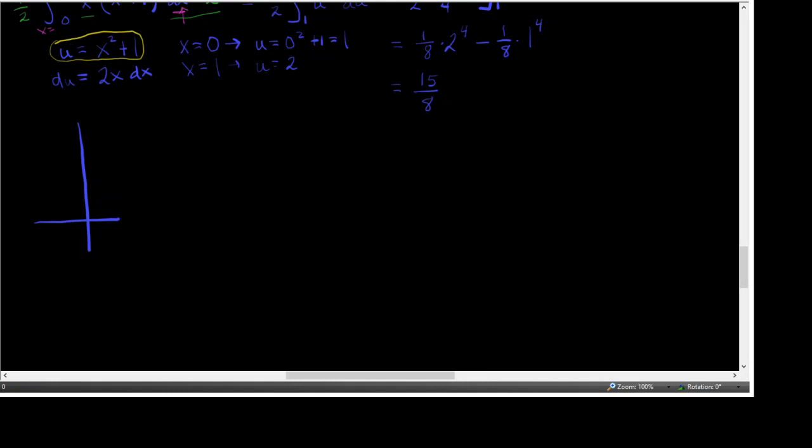For example, if the graph of your function is symmetric with respect to the y-axis, that means that it's an even function.